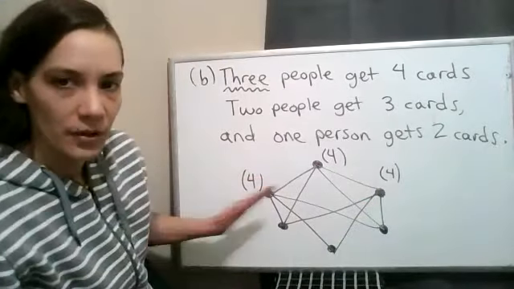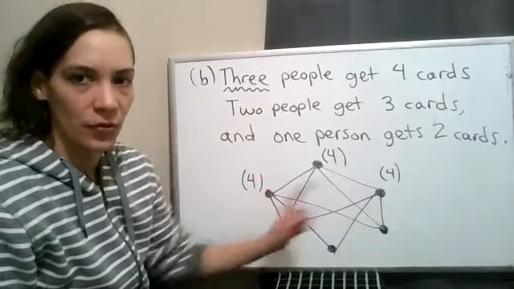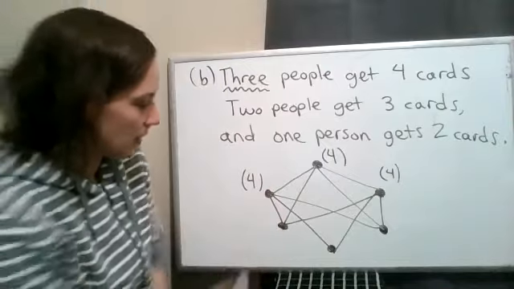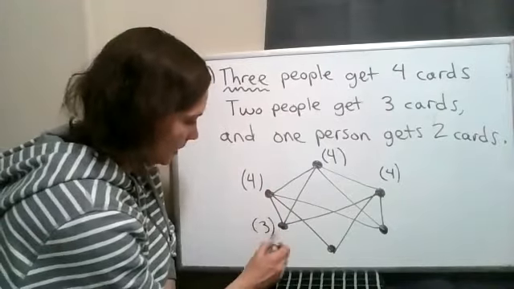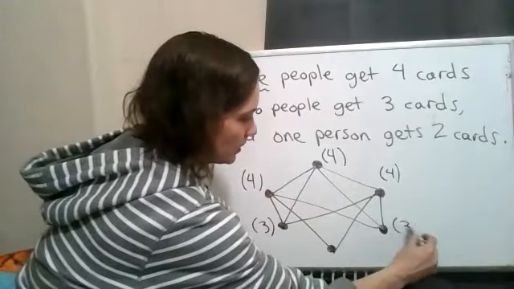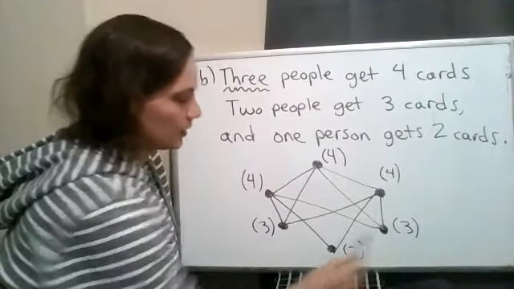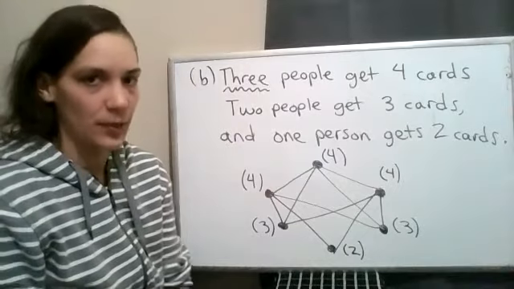So I was trying to have each of those have degree 4. They've each gotten 4 cards. This person has 3 cards. This person has 3. And this person has 2. So that's it for the picture.